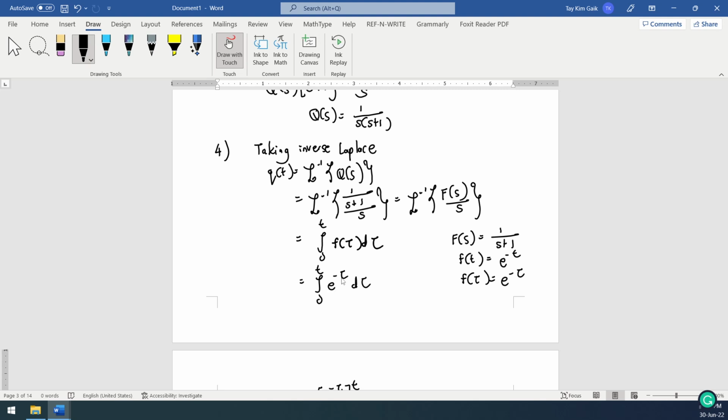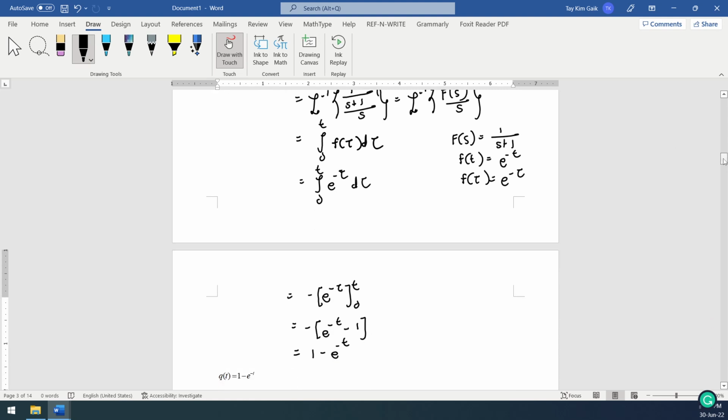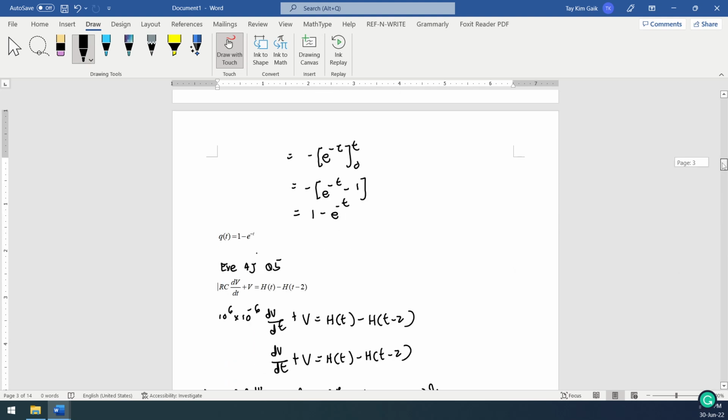Integrating exponent negative tau d tau from 0 to t, we get negative exponent negative tau, with limit from 0 to t. Plugging in t, we get exponent negative t. Plugging in the lower limit 0, minus exponent 0 is 1. So we get 1 minus exponent negative t.